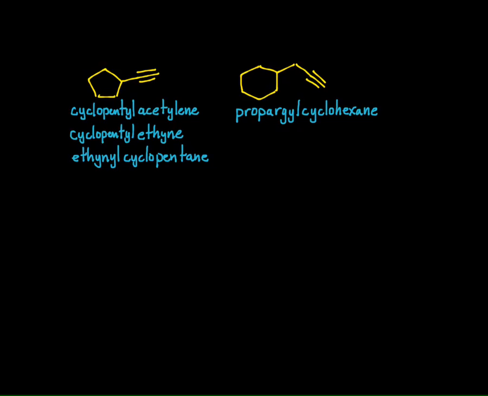Likewise, I could name the cyclohexyl group coming off of the chain that contains the alkyne. That's a 3-carbon chain, so it would be propyne, and the cyclohexane ring is coming off of the 3rd carbon, and therefore this would be 3-cyclohexyl-1-propyne. Again, both names are acceptable for naming this particular compound.